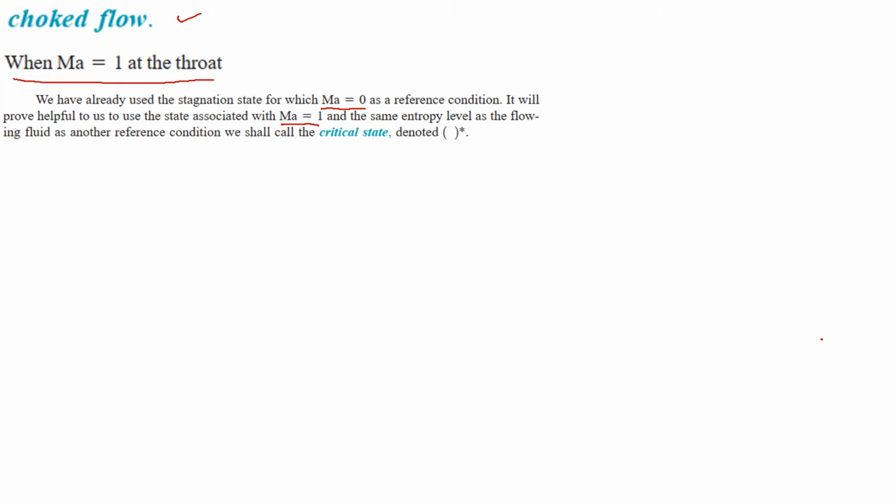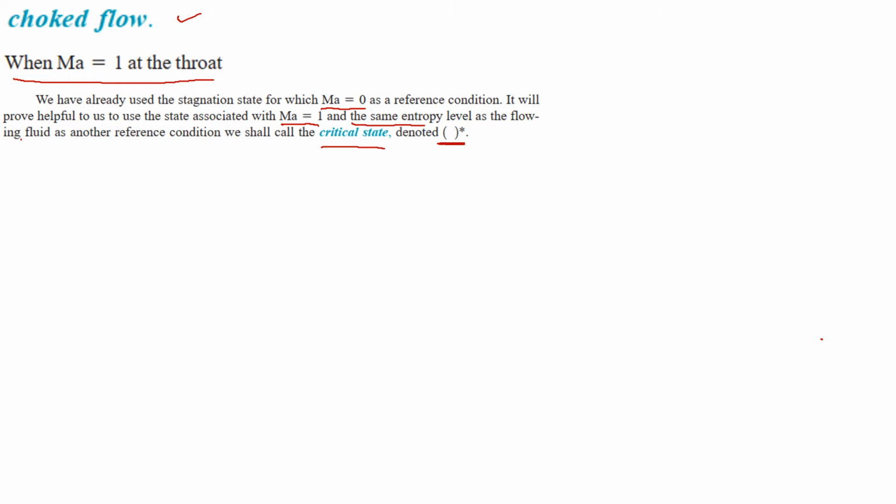We put Mach number 1 in the equations that we previously derived for pressure, temperature and density for the choking condition, at the same entropy level as the flowing fluid, as another reference condition that we shall call the critical state. This state is denoted with a star.